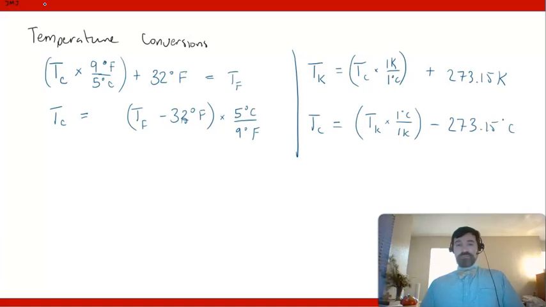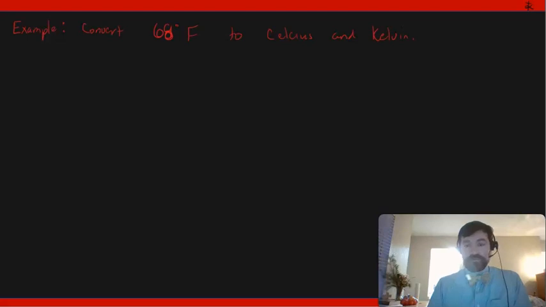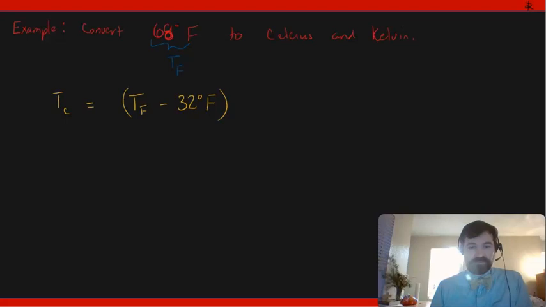Now, maybe a quick example is warranted here. So as a quick example, let's convert 68 degrees Fahrenheit to Celsius and Kelvin. So this would represent T Fahrenheit. Process to get into Celsius, T Celsius is T Fahrenheit minus 32 degrees Fahrenheit times 5 degrees Celsius per 9 degrees Fahrenheit.